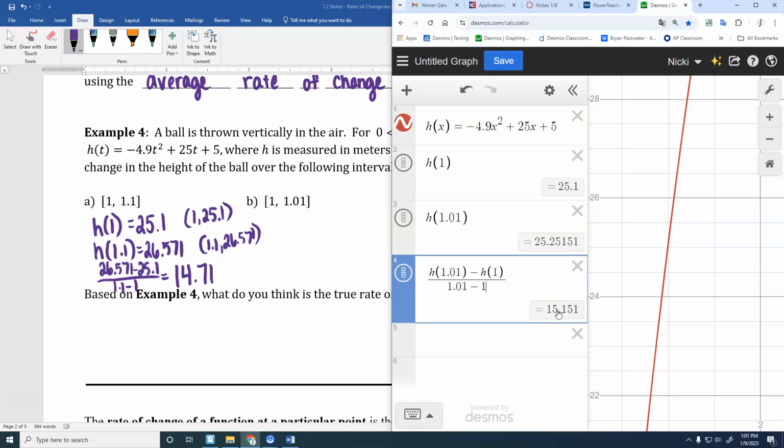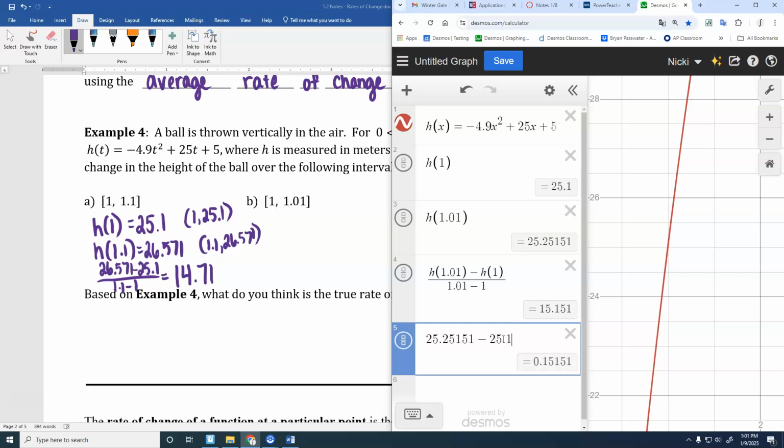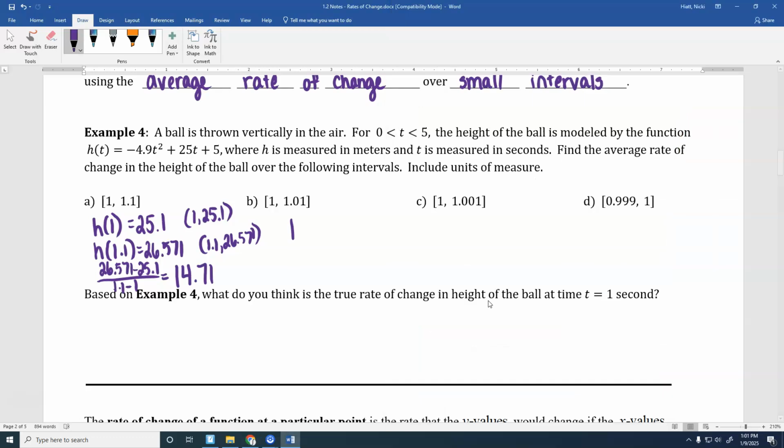And it will give you the slope, or you could do it with the values, 25.25151 minus 25.1 all over 1.01 minus 1. Like that. Either way, it'll do that for you. So that'll give you your slope. So whenever we get like closer, my slope is 15.151.